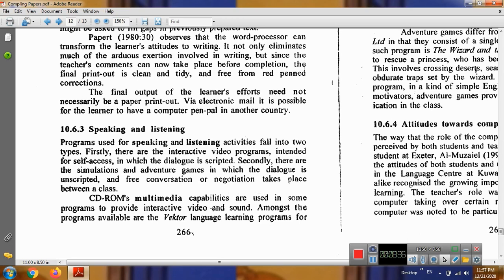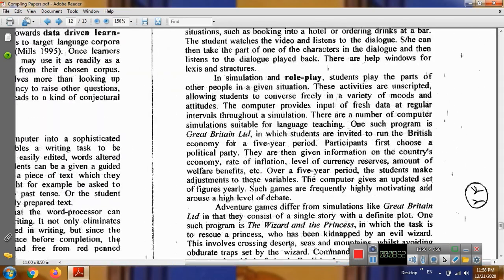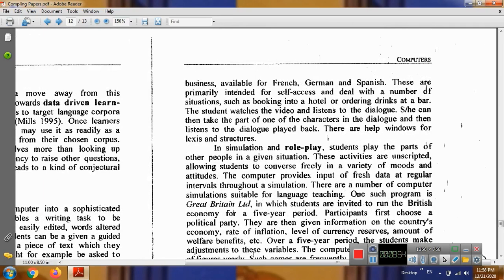CD-ROM's multimedia capabilities are used in some programs to provide interactive video and sound. Amongst the programs available are Vector Language Learning Program for business, available for French, German, and Spanish.